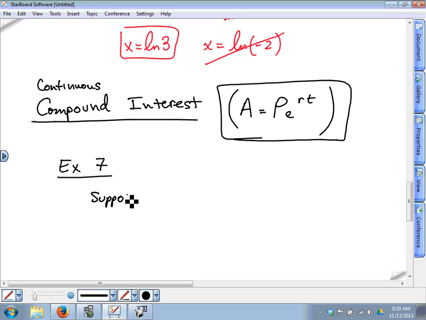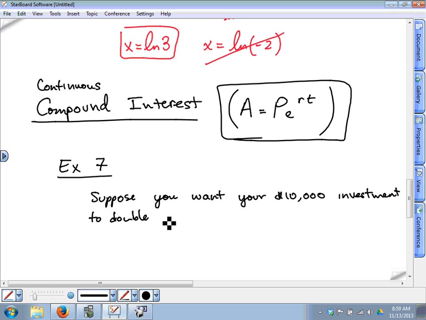Suppose you want your $10,000 investment to double in 10 years' time.